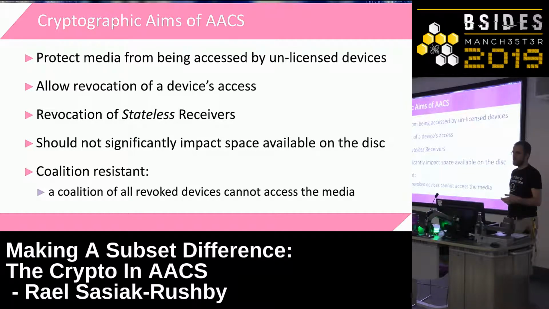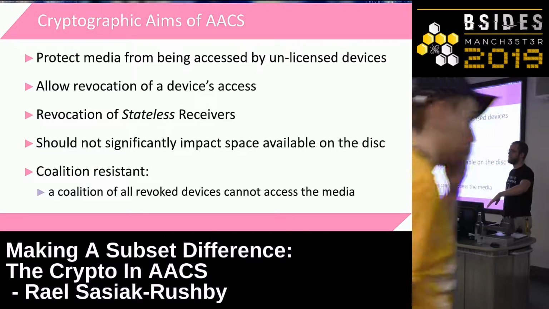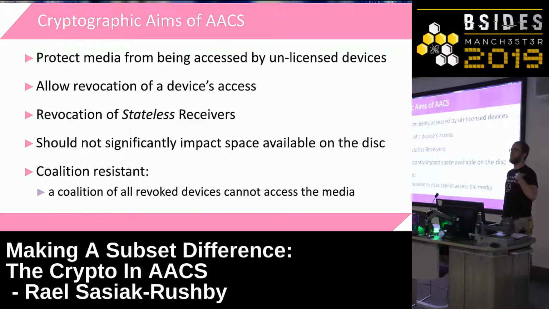If they find that a manufacturer, say Sony, has implemented it wrong, and you as an end user have now got access to copy that media, they want to be able to revoke that drive so that from then on that drive can never decrypt any media in the future, thus preventing more Blu-rays being ripped in the future. A really important statement here is that it's the revocation of stateless receivers.